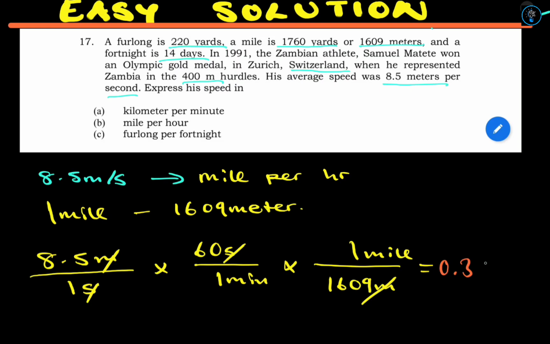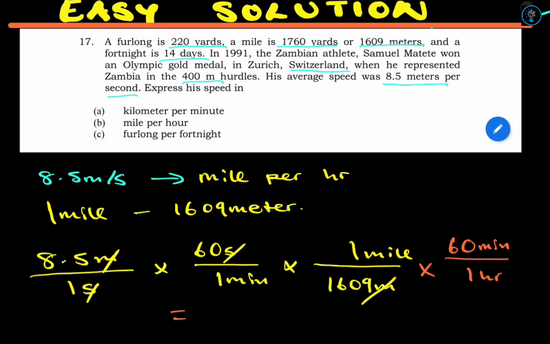Remember, we are told to convert it into miles per hour, not miles per minute. It's per hour. So we need to include time. So from minutes now to hours, it will be 60 minutes per every 1 hour. So now the value will be different.